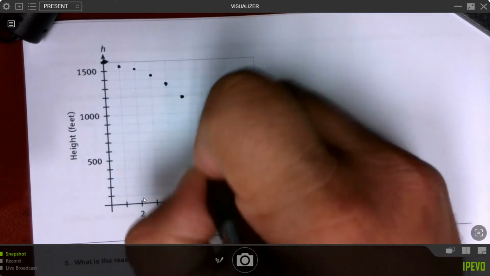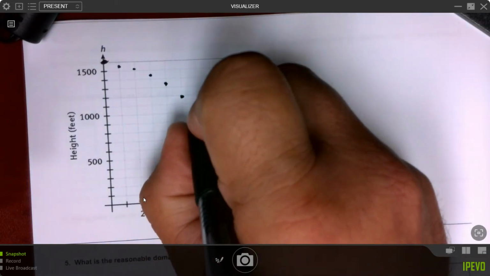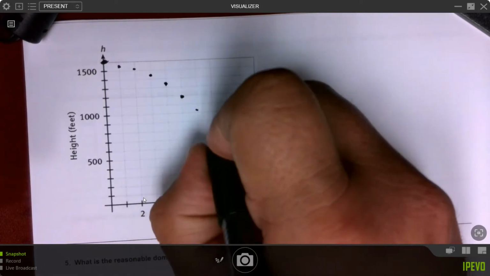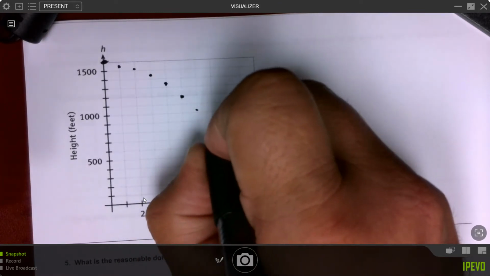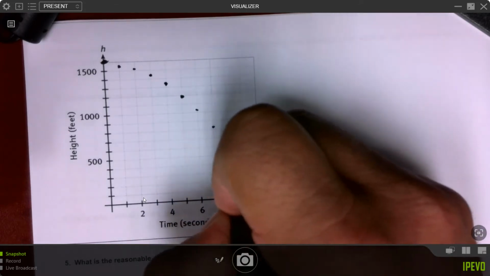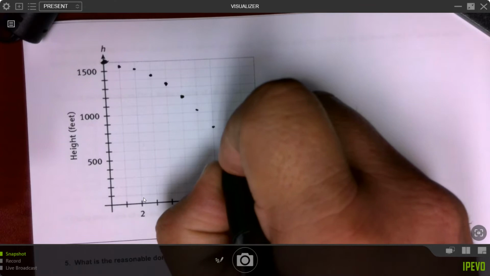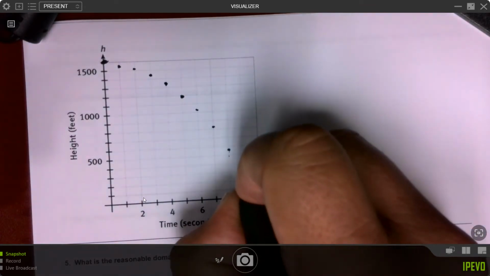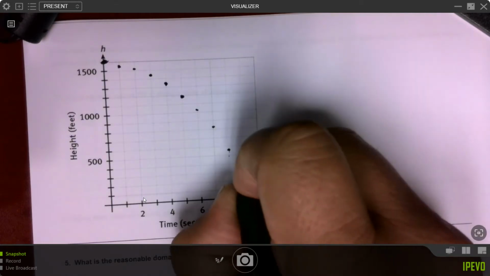At 6 seconds, 1,024. At 7 seconds, 816. At 8 seconds, 576. At 9 seconds, 304, almost right on 300.